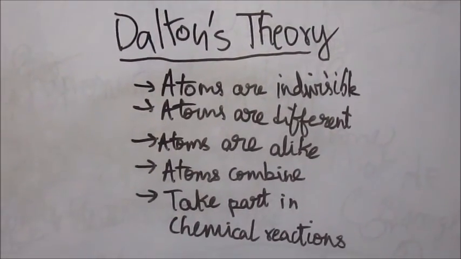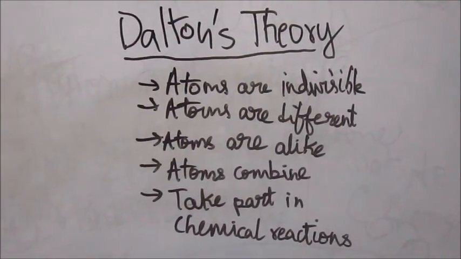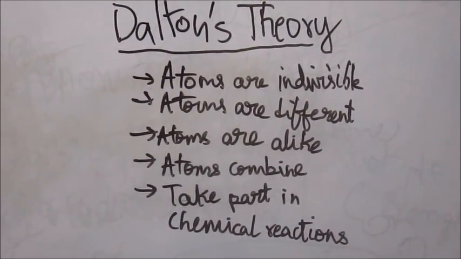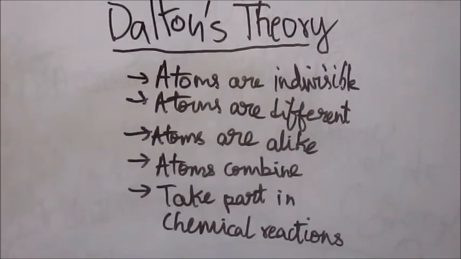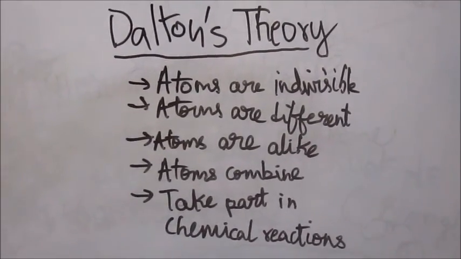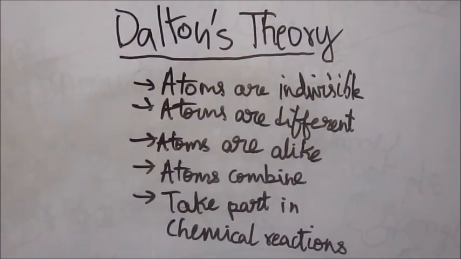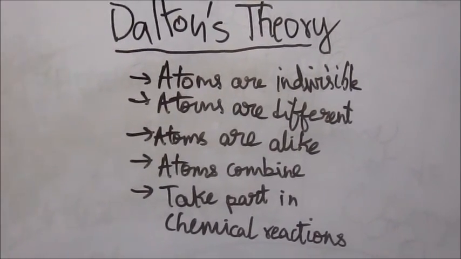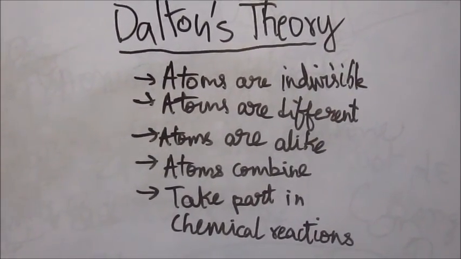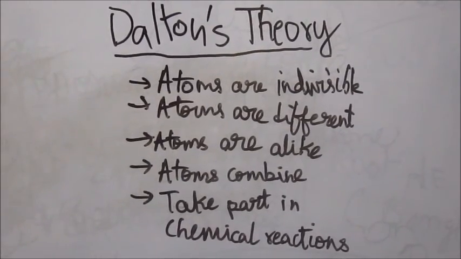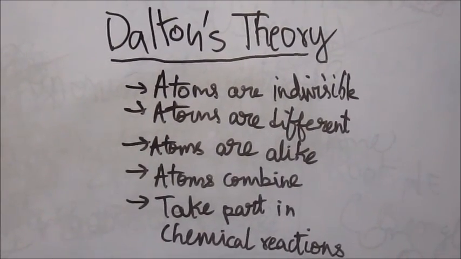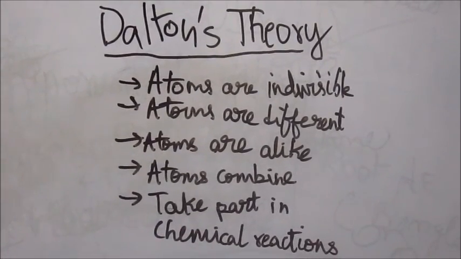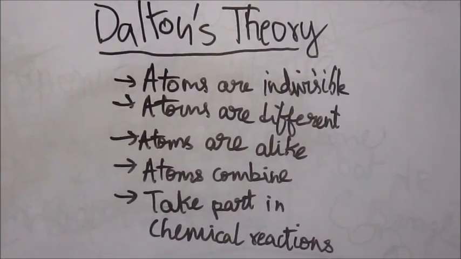Let's talk about Dalton's atomic theory. First up, he told that atoms were indivisible and that there was nothing to take out from atoms. Now let's go to the next law or theory that he insisted on. He told that they were different. It means that atoms of different elements were different in all respects.